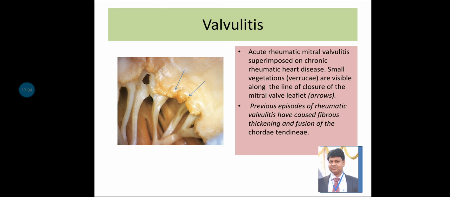These lesions are basically produced in the line of closure, and they are small vegetations. The previous episodes of rheumatic valvulitis have caused fibrous thickening and fusion of the chordae tendineae. So this can be seen in the diagram.